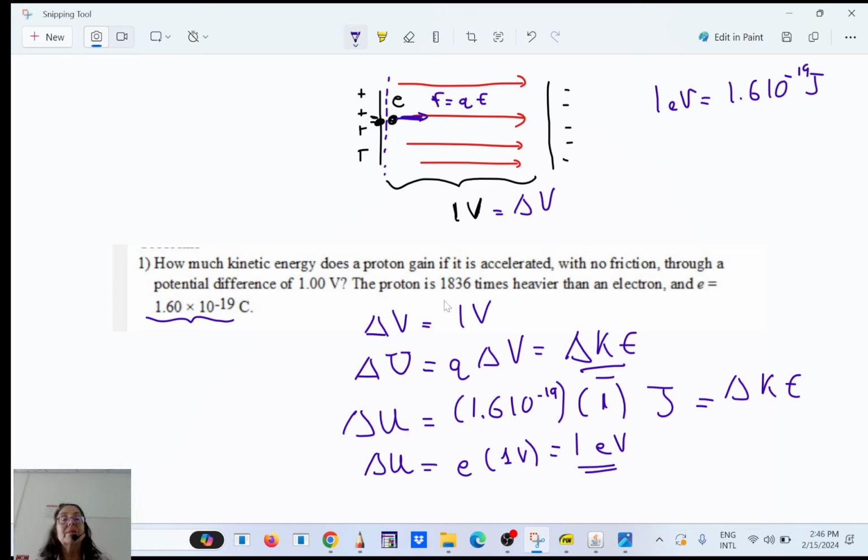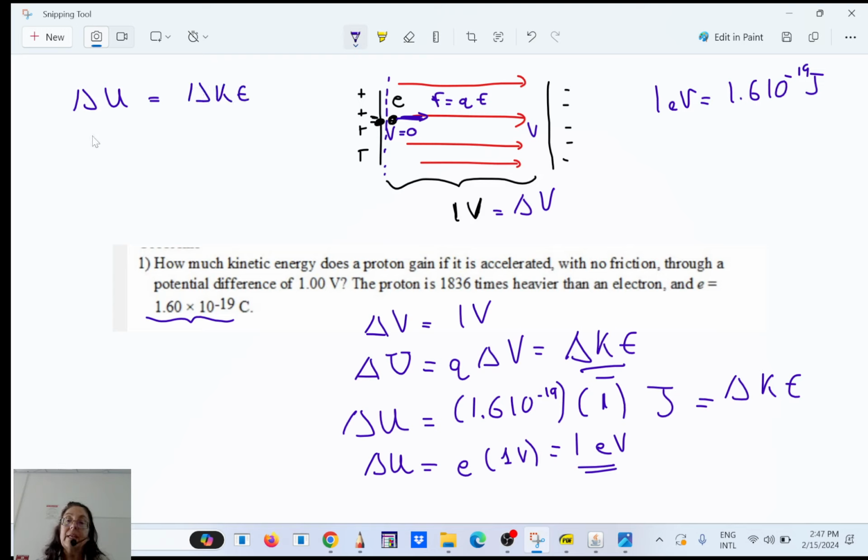But how can we use this information? Let's say now they tell you the velocity of the proton is 0 to begin with. What's going to be the final velocity when it crashes here? Then you say potential energy will turn into kinetic energy.